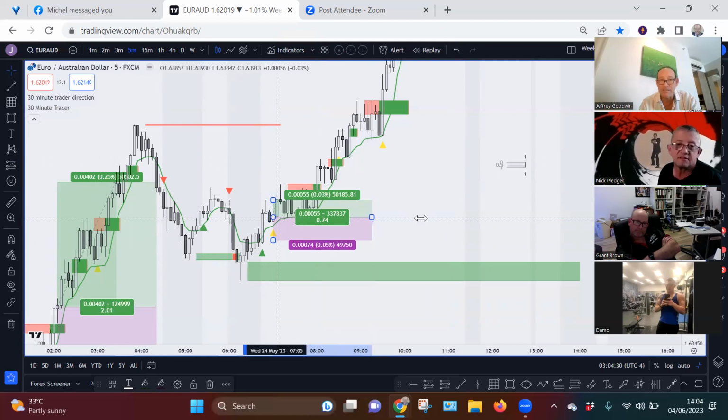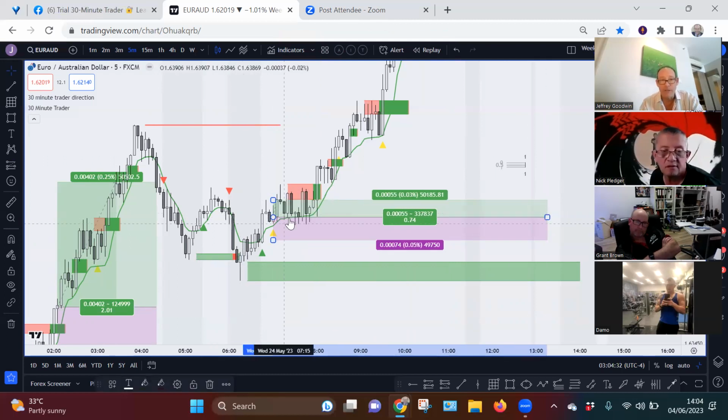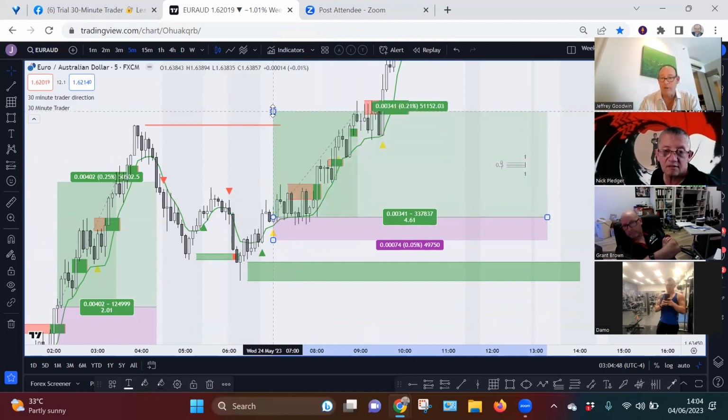I'll extend this. And you see now, as it comes back down, you've got decisions to make as it starts spiking. It actually fails to break through that line. But let's focus on the candles for a minute, and not the indicators.